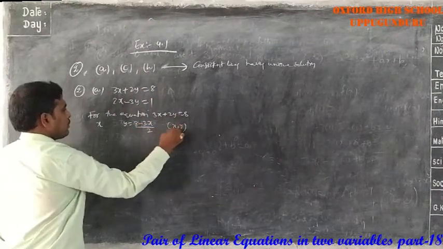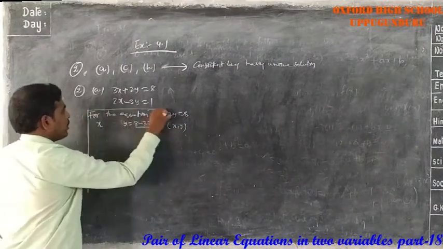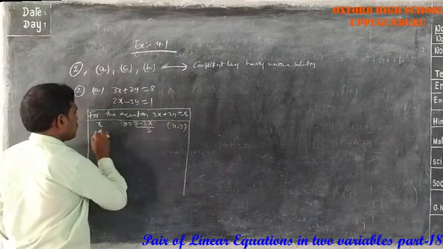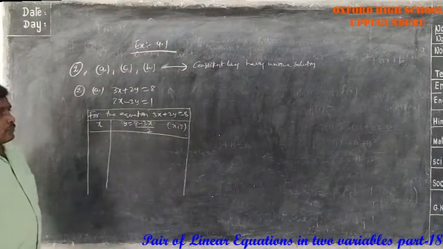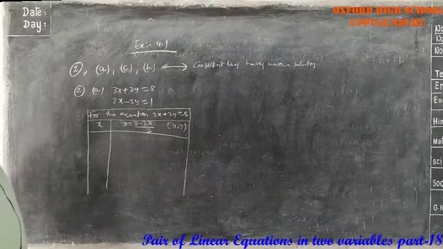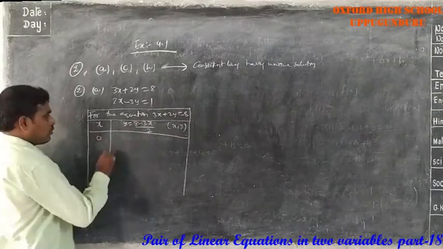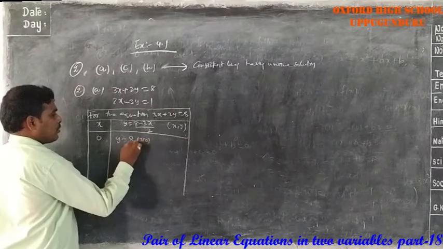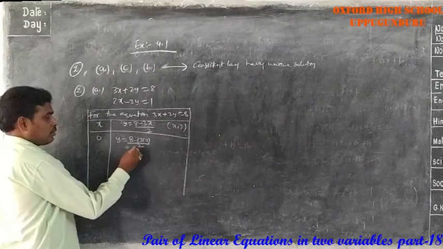x comma y is the point. For this, I am first finding the values for the first equation. In place of x, if you substitute 0, x equal to 0, y equal to 8 minus 3 into 0 by 2. 3 into 0 means 0.